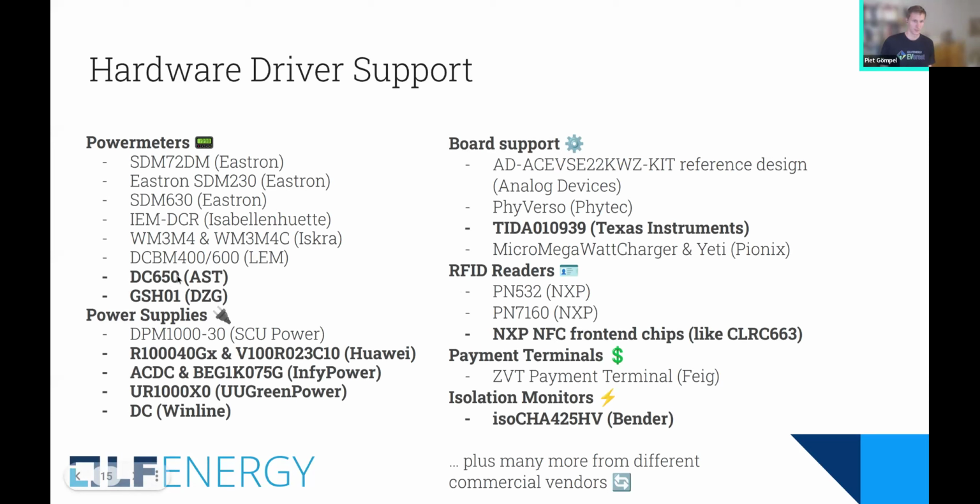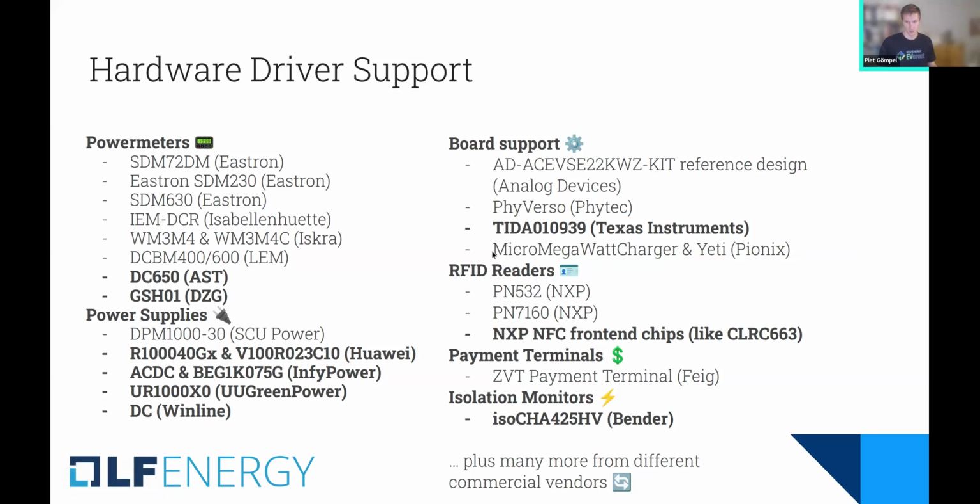So 2 power meters have been added, one from AST, the DC650, and from DZG, the GSH01. 2 power supply units from Huawei have been added, as well as components from InfiPower, UU Green, and Winline driver.